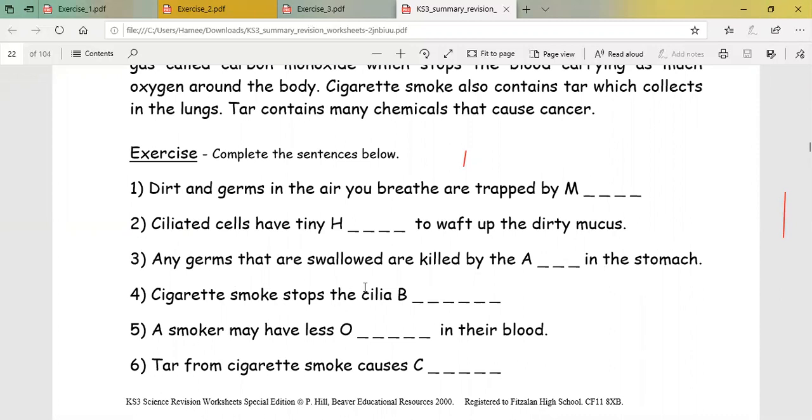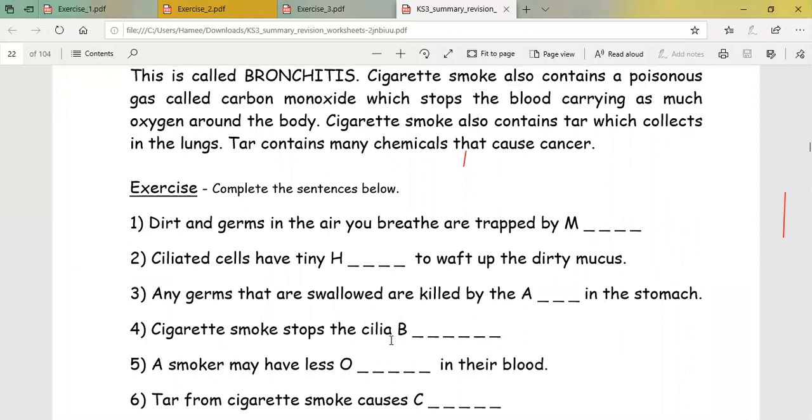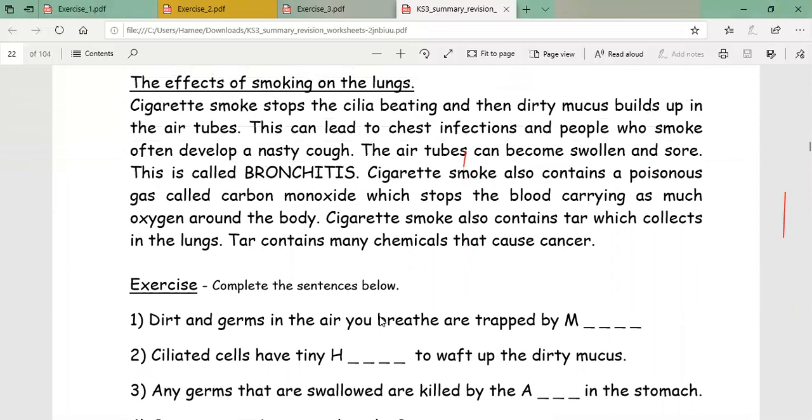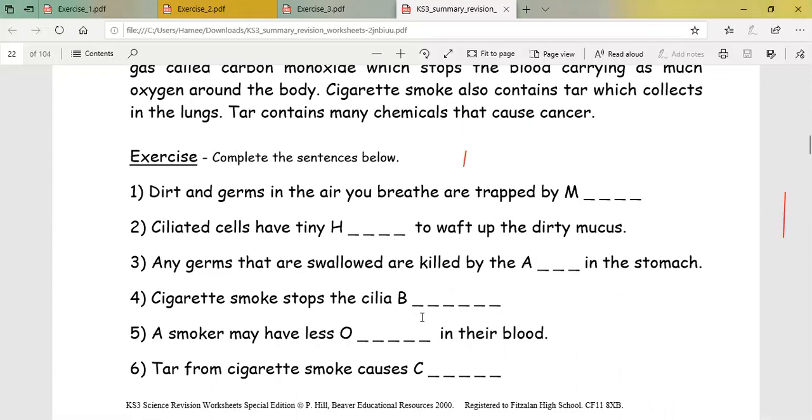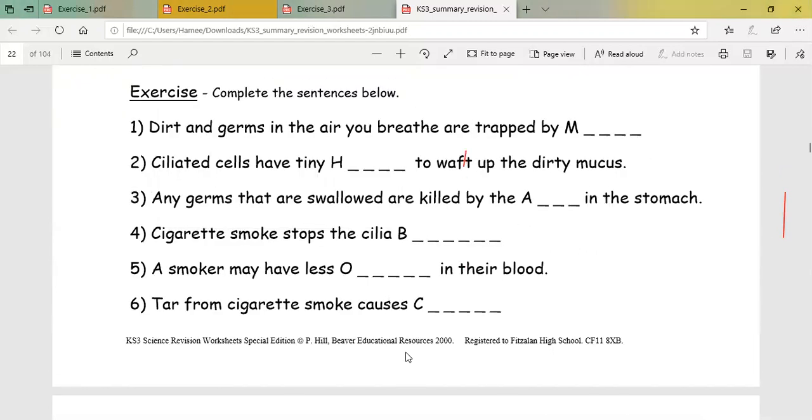Cigarette smoke stops the cilia from sweeping.